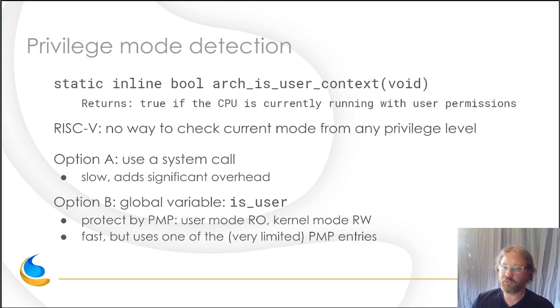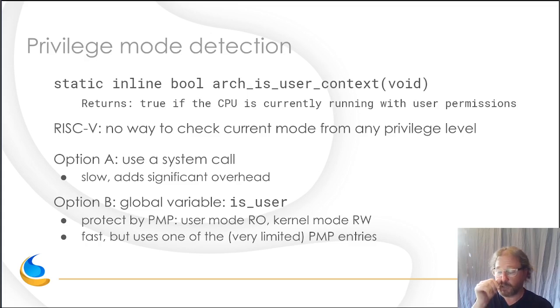Unfortunately on RISC-V there's not a simple implementation of this because we can't check the current mode from any privilege level. From machine mode we can always check the privilege level, because the register that keeps track of this is accessible in machine mode, but it's not in user mode. So the first thing we need to do is figure out a way to check whether we're running in user mode from user mode.